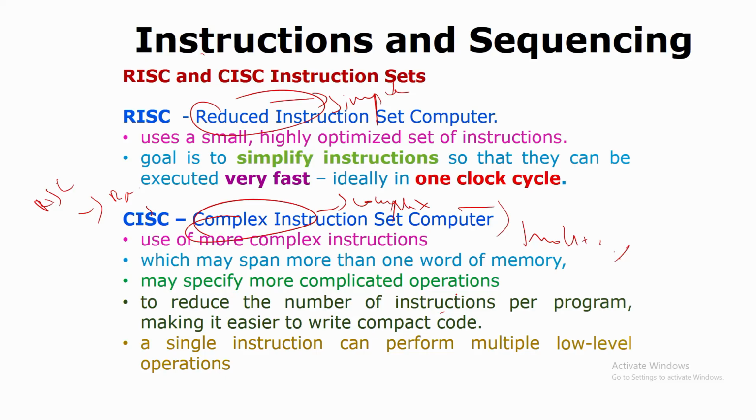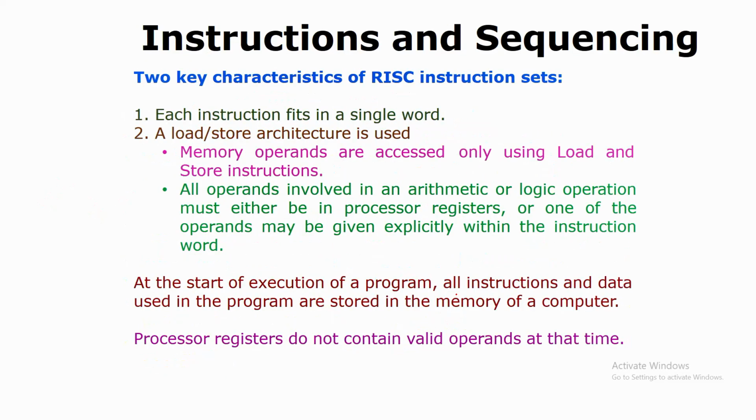So the next thing is the characteristics of RISC architecture. Here the RISC characteristic deals with the load and store architecture. The fundamental characteristic of RISC architecture is this load and store architecture, whereas memory operands do not participate.